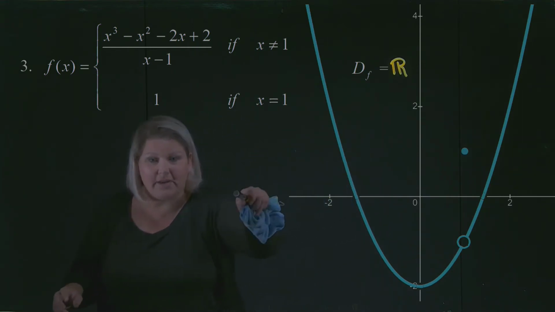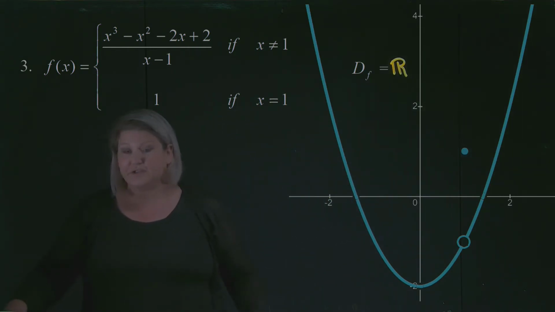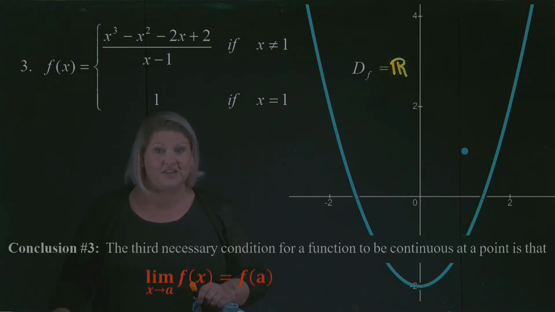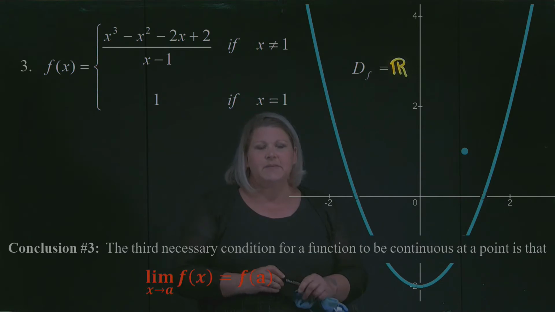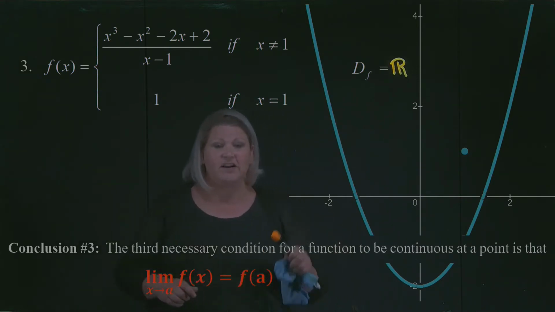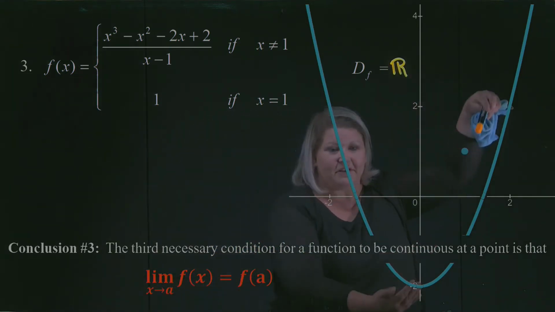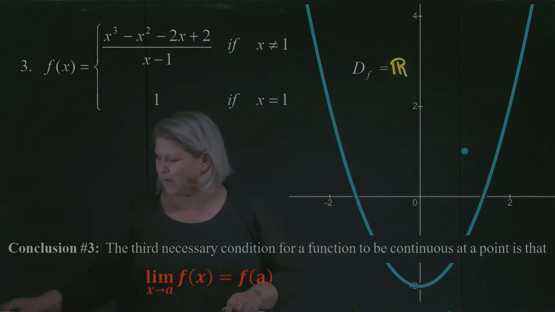So this is not a continuous function either. So my third condition is that a function is continuous at a point as long as the limit from the left and the right equal that point.